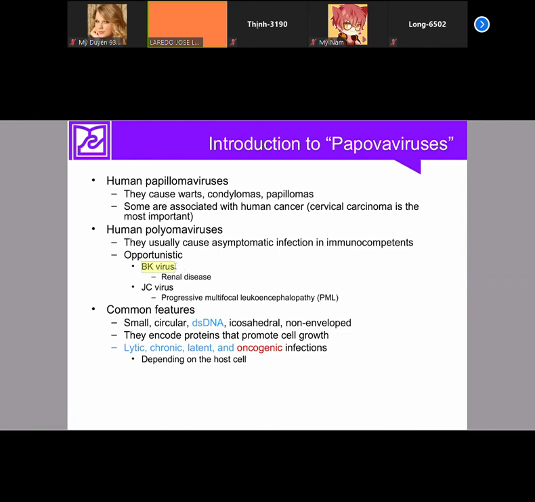The BK virus causes severe renal disease in transplant patients. JC virus is the cause of a central nervous system disease called progressive multifocal leukoencephalopathy, PML. This disease is found in patients with AIDS, in HIV positive patients, so immunocompromised patients. Polyoma viruses are opportunistic.